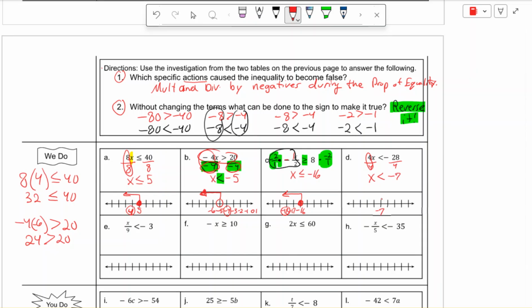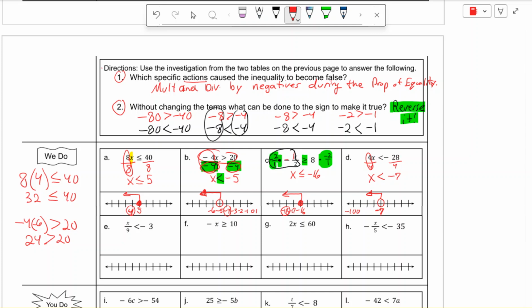Negative 7, it is an open point, and it goes to the left. You can always check it by choosing something smaller than negative 7, such as negative 100. Negative 100 times 4 is negative 400, and negative 400 is definitely smaller than negative 7. Even smaller than negative 28.